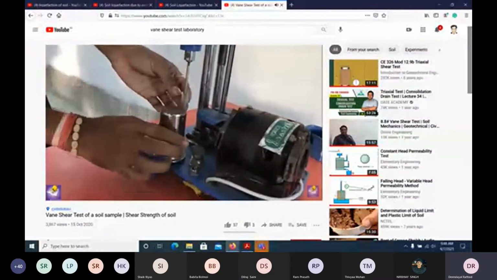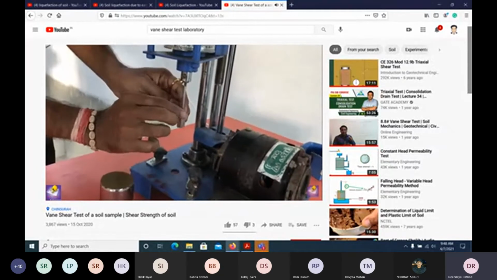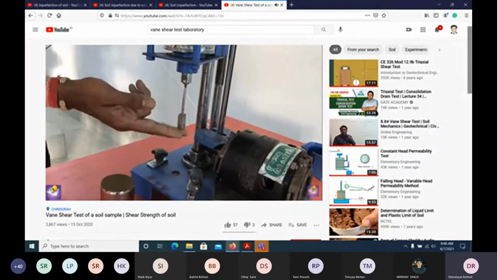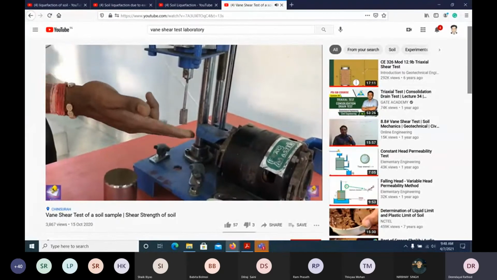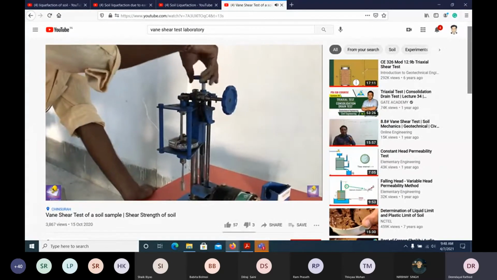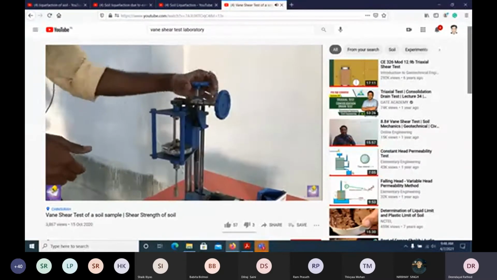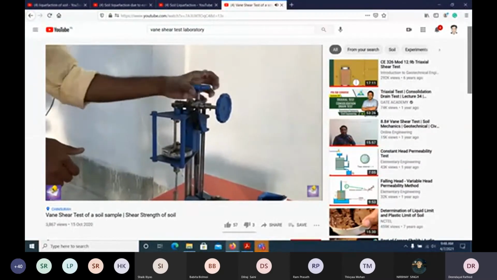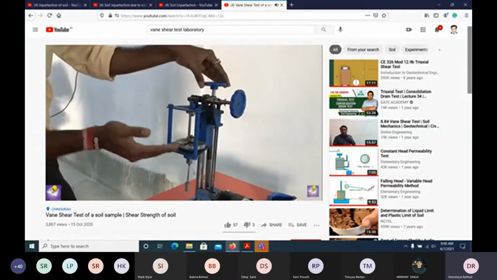This is the needle for the vane, and this is a vane with 90-degree blades. We have four blades. To move up the vane, by rotating this handle, we move the vane upward.